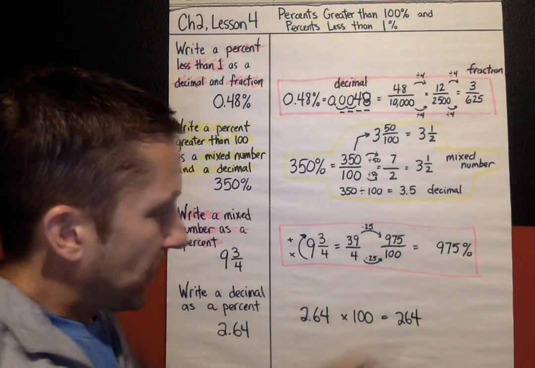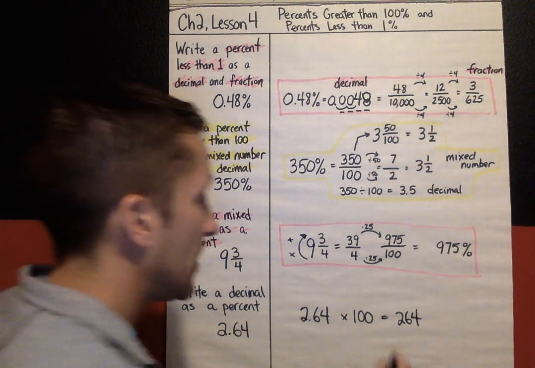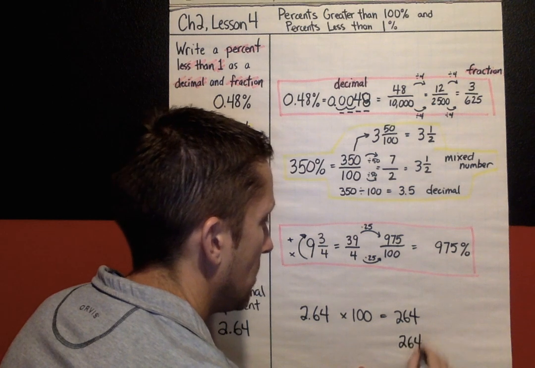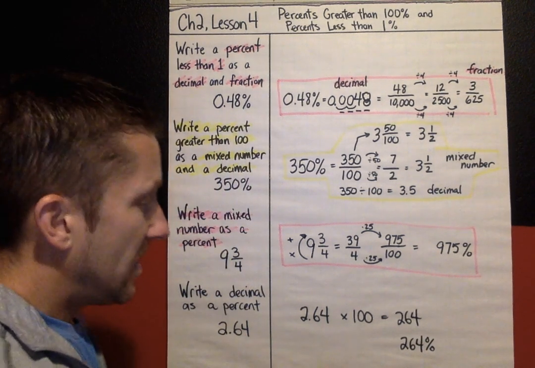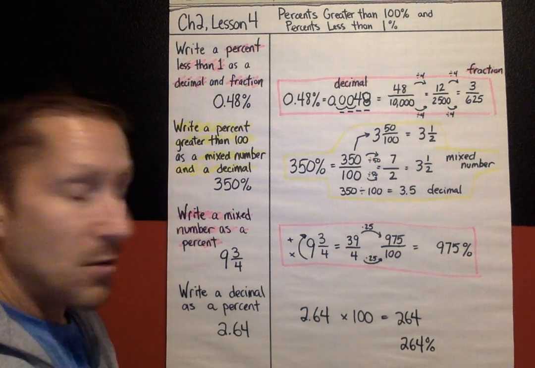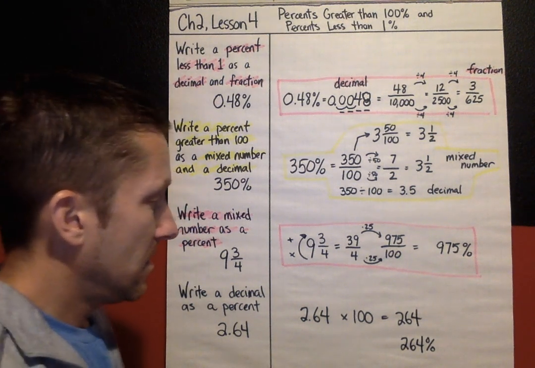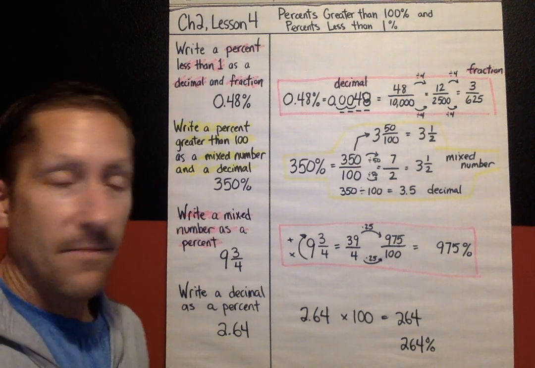Now, that can then be changed into a percent. 2.64 is the same thing as 264%. Again, read carefully.